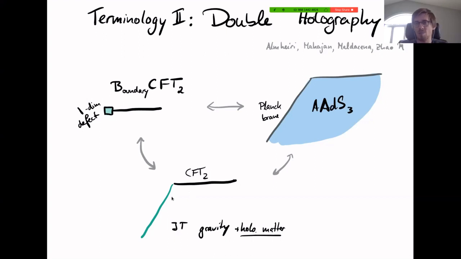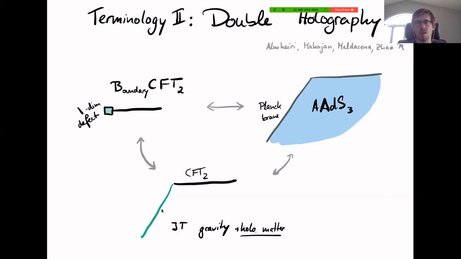Namely, we expect that our space-time gets cut off at some point, like the CFT here gets cut off by this defect. This is what I've indicated here by the Planck brane. You might also guess that this Planck brane isn't an asymptotically AdS space, but sits at some finite distance, and this has to have some dynamics, which fits nicely with this picture of this region here, which I've drawn at roughly the same location as this Planck brane, containing JT gravity or a dynamical theory of gravity.